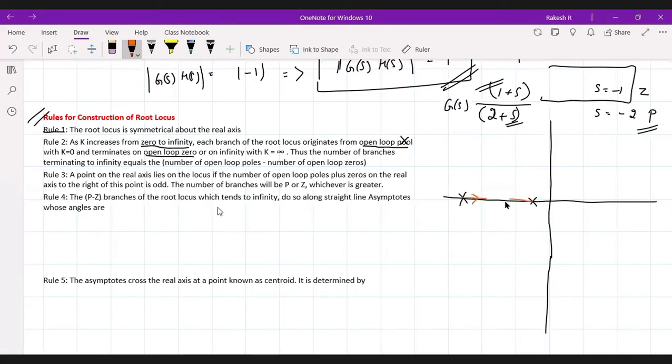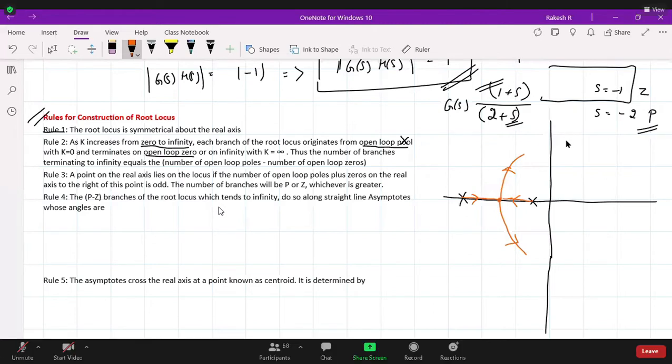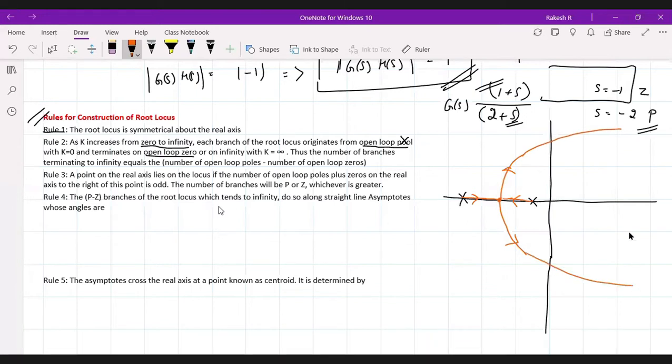Both roots come in opposite directions, meet at one point, and then go like this. As we don't have any zero in the question, this will continue till it reaches infinity. We assume the zero is present at infinity, and it will terminate there.